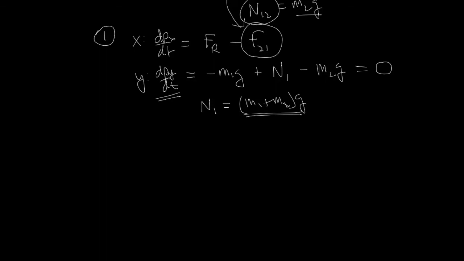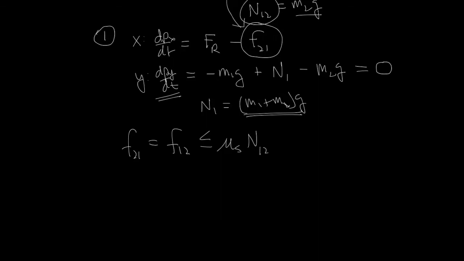Now, we know that F21 is equal to F12, which is equal to the frictional force between block 1 and block 2, that top surface. But we know how friction works. This is a force of static friction, so it's less than or equal to the coefficient of static friction times the normal force of block 1 on block 2. But we already worked that out.